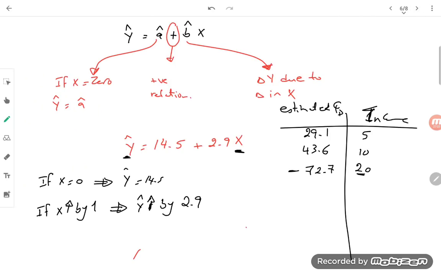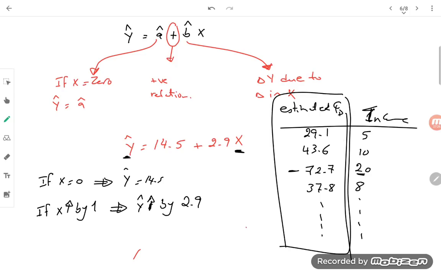In the estimated value, if income is 20, it's 72.7. Okay? If it is 4, it's 37.8, and so on. Now we can use these estimated values and draw a line on the same graph.